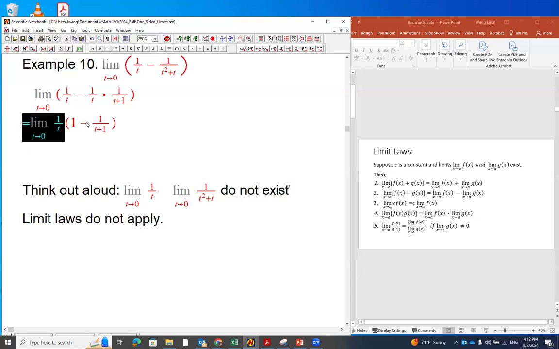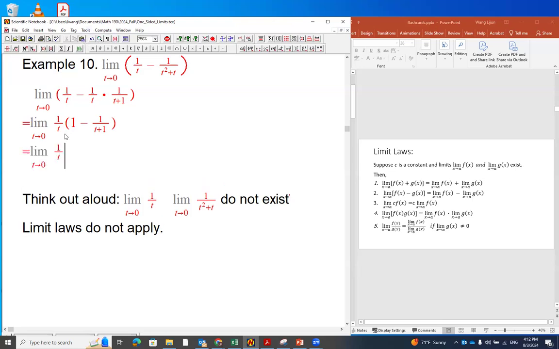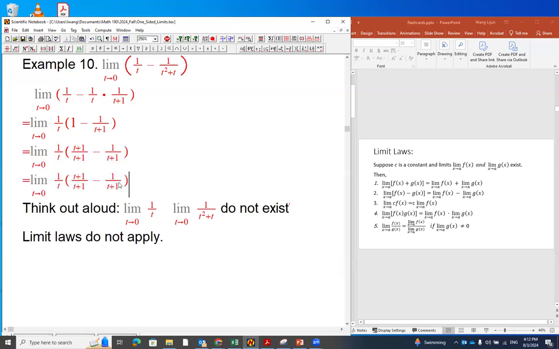So now we still have to move forward to take care of the common denominator, but this work certainly made the common denominator process a little bit easier. So 1 is equal to t plus 1 over t plus 1, subtracting 1 over t plus 1. We got the common denominator. Some of these steps you can do on scratch paper, but I'm just doing it here.